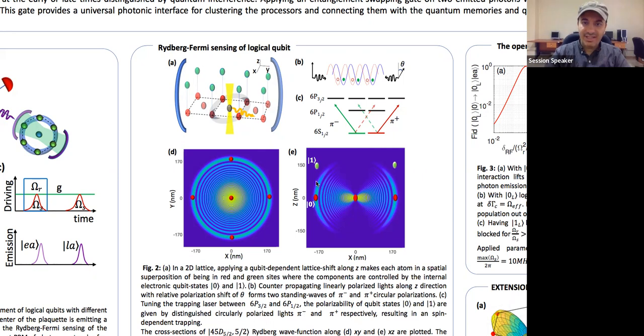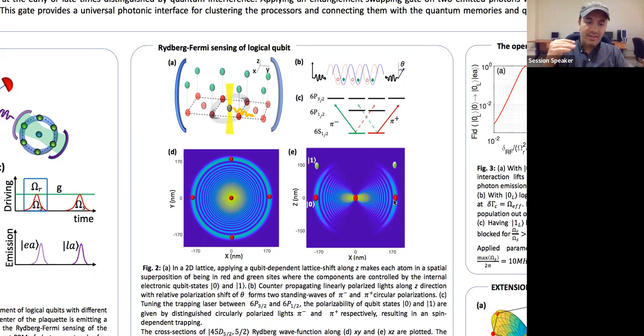If you see figure E, I show the central atom and two of the plaquette atoms, and you can see the wave function of the central Rydberg electron. And the plaquette atoms would only be inside this wave function if they are in the zero qubit state. Otherwise, they would not feel the electron scattering.